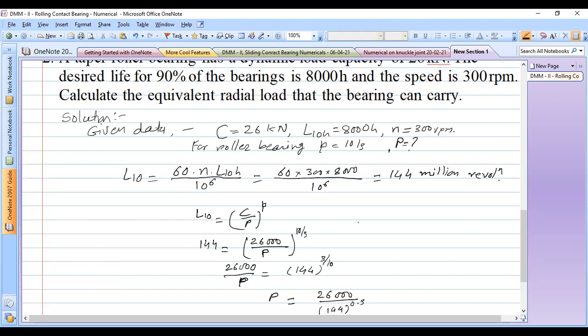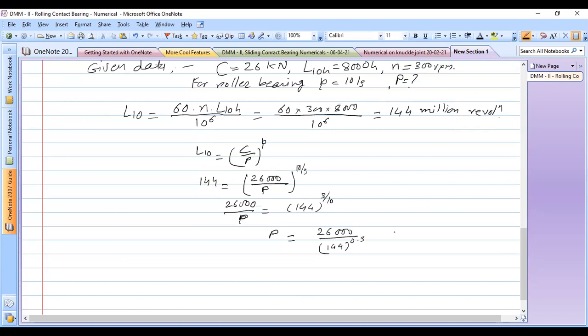Okay, now using this, how much P will you get? Just find out. Someone give an answer. How much? 5.8 kilonewton, right? It is coming out to be 5.854 kilonewton.